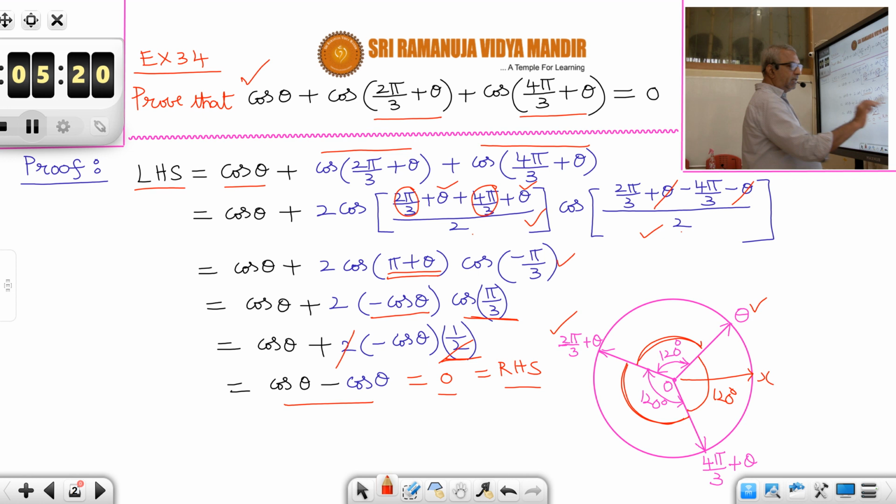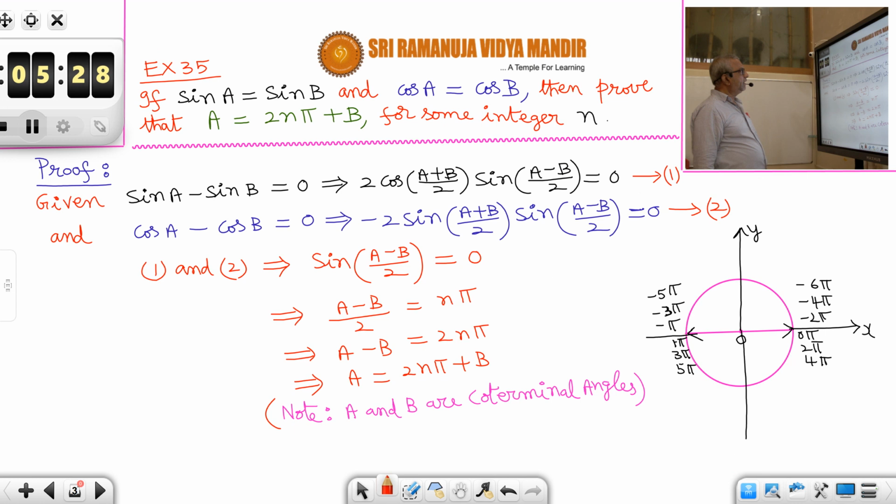35. If sin A is equal to sin B and cos A is equal to cos B, then prove that A is equal to 2n pi plus B for some integer n. So I take the first equation.